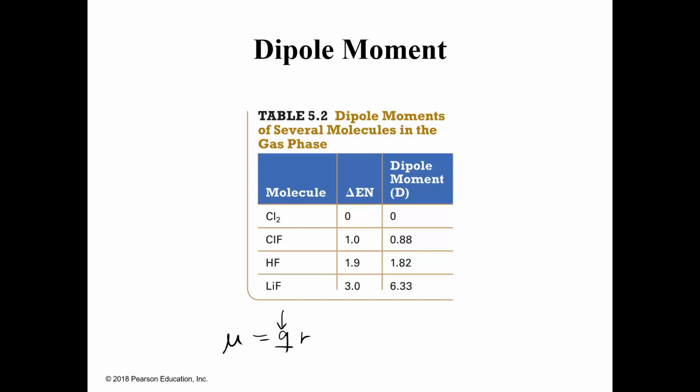You can calculate the charge and also the radius here. But for sure, the difference in electronegativity indicates what your dipole moment is going to be, and it is measured in debyes, D. You can see that if you have a nonpolar covalent compound, you have a dipole moment of 0, and as the difference in electronegativity goes up, your dipole moment goes up.